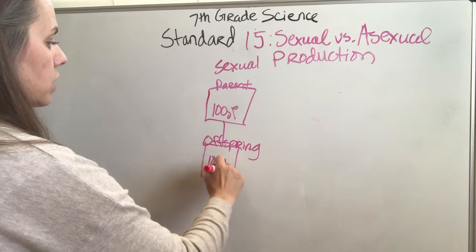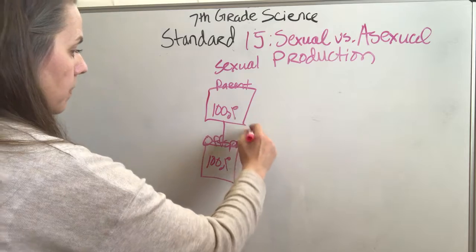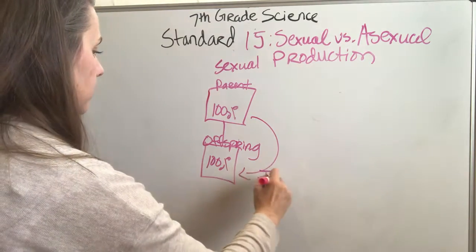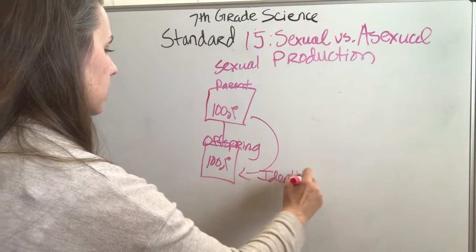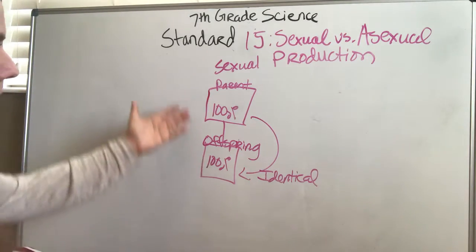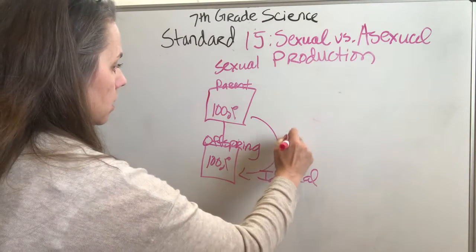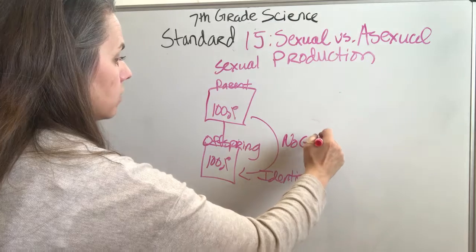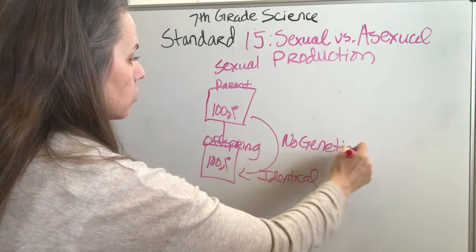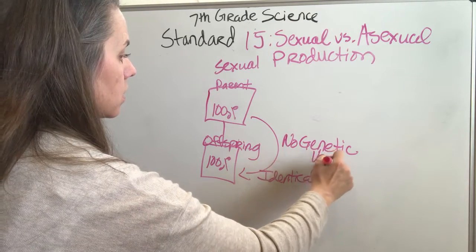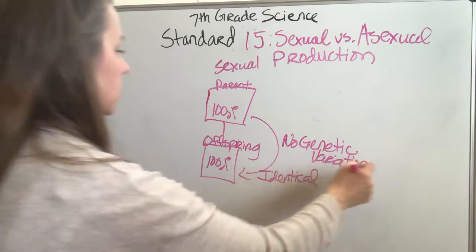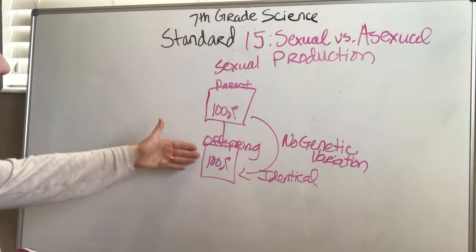And so they're going to be identical. So you're not going to have any genetic variation like you have in sexual reproduction. It's going to be exact every time.